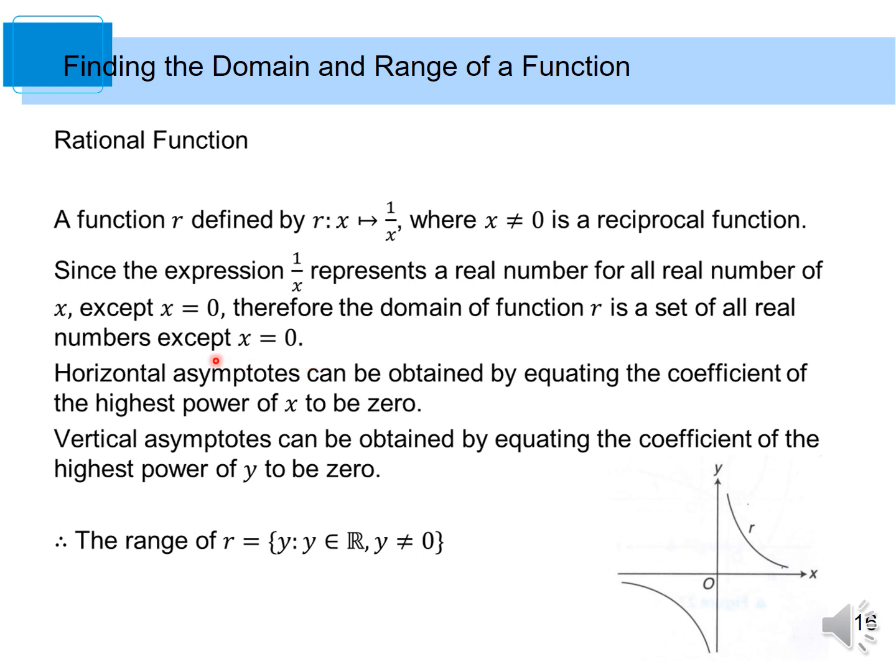To obtain the range, you need to find the asymptote lines. We have two types of asymptote line. First is the horizontal asymptote, and the second is the vertical asymptote.